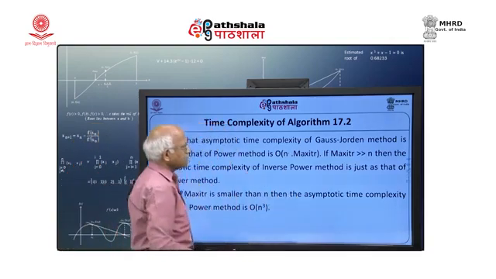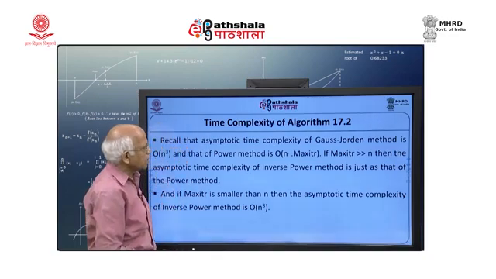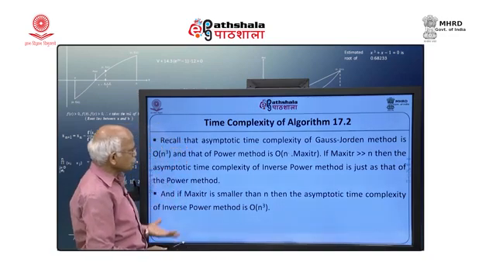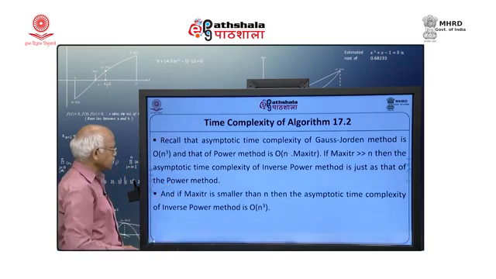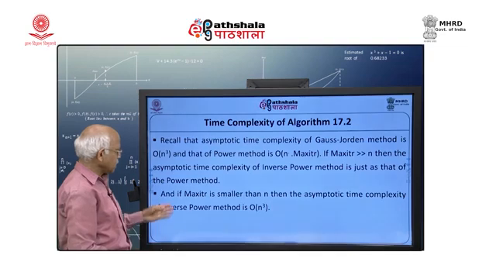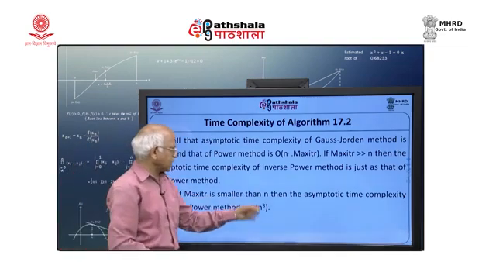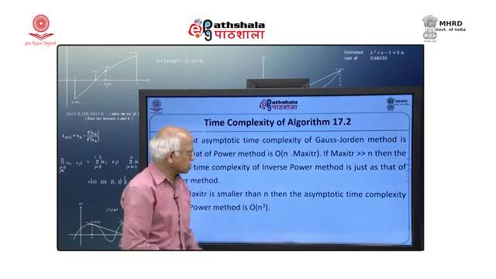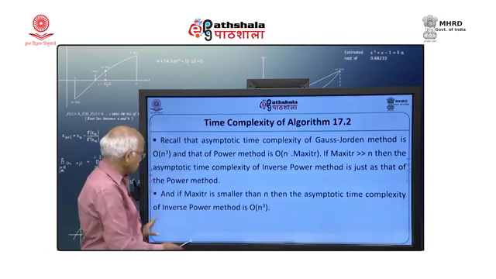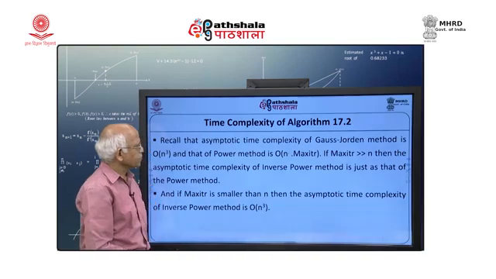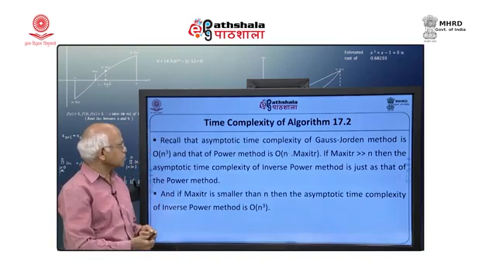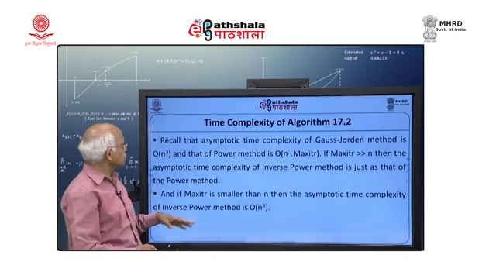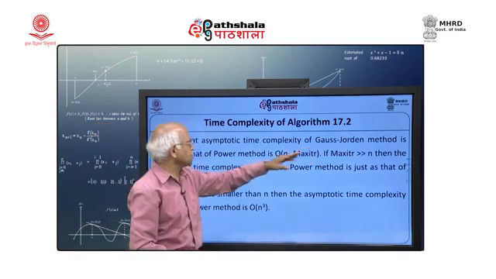If max iter is sufficiently large compared to n, the asymptotic time complexity is just that of the power method, and if max iter is smaller than n, then the asymptotic time complexity will be of order n cube here. We are not discussing asymptotic time complexity in detail here, because we already computed it for the Gauss-Jordan method as well as the power method.